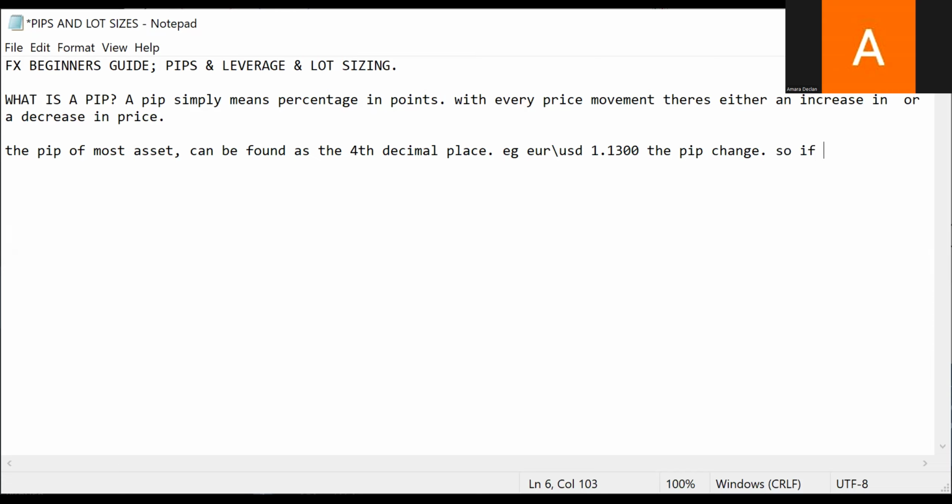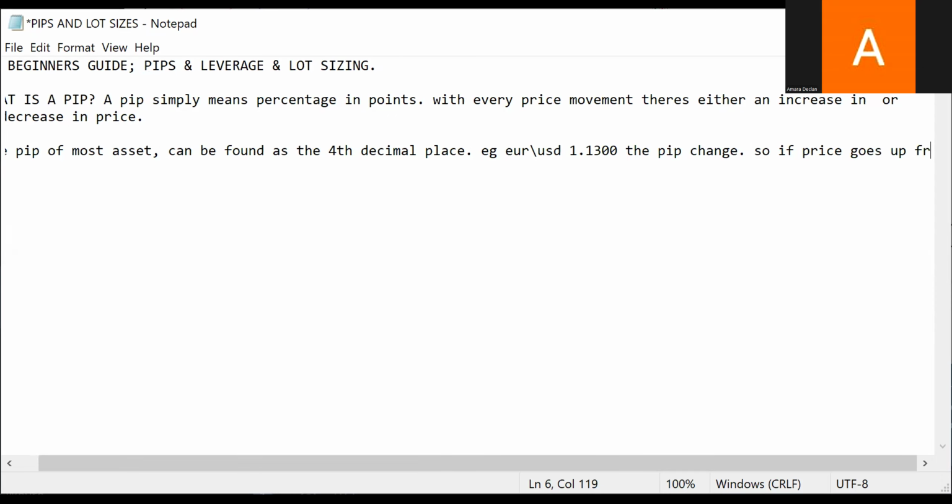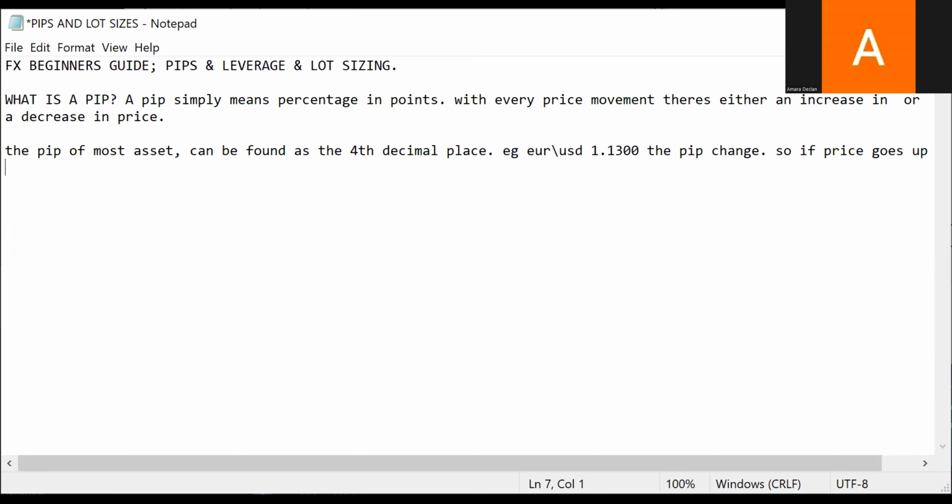So price is up from 1.1300 to 1.1400. You can say that price increased by 100 pips, right?